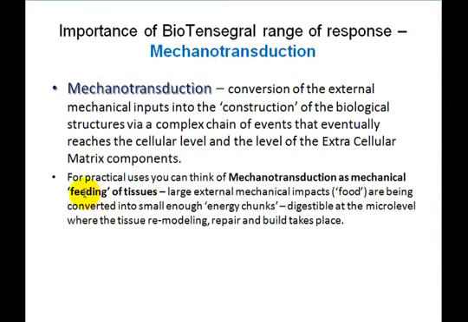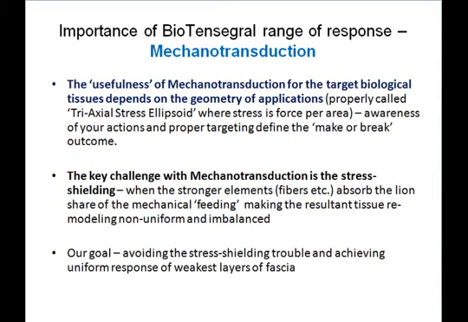For practical uses, you can think of mechanotransduction as some sort of mechanical feeding of tissues, where large external mechanical impacts at the macro level, mechanical food, are converted into small enough energy chunks digestible at the micro level, where the actual tissue remodeling, repair, and build takes place.